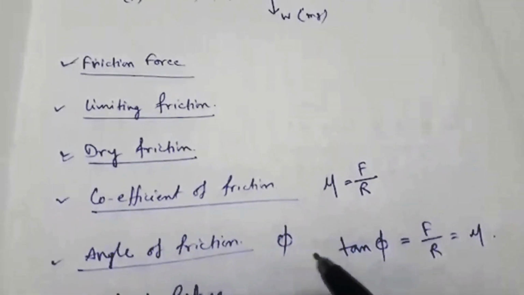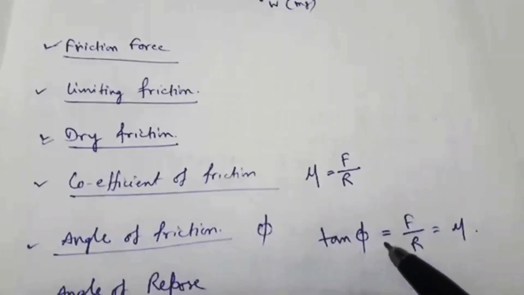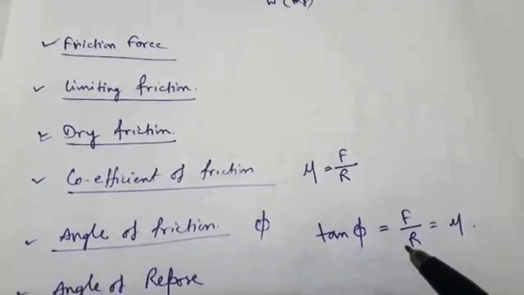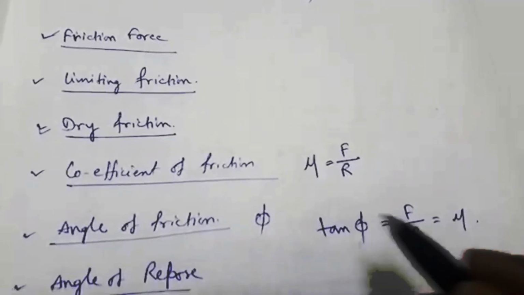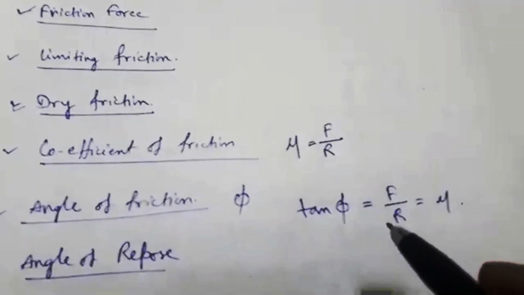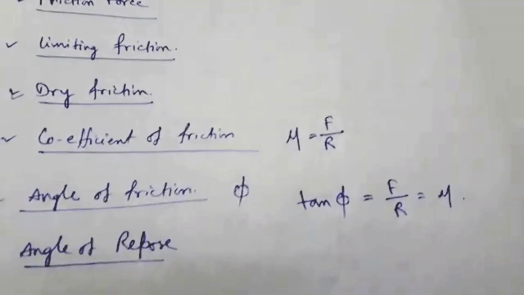What is the angle of friction? The angle of friction is the angle which the resultant of the normal reaction and limiting force of friction makes with the normal reaction. The relation is tan phi equal to F by R, which is equal to mu.